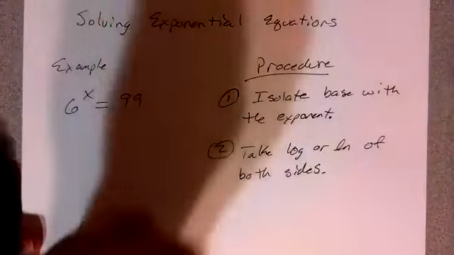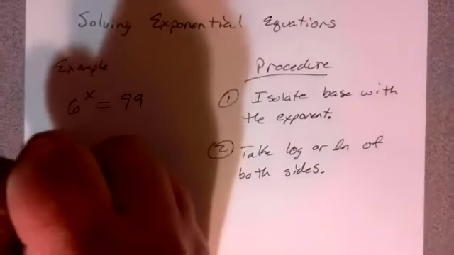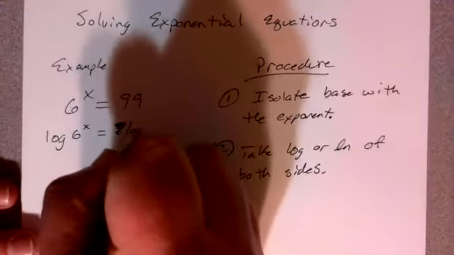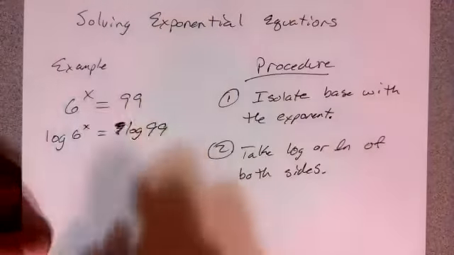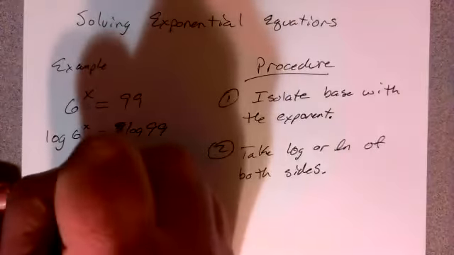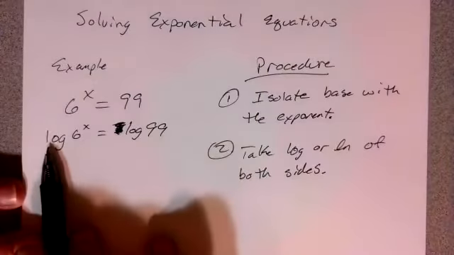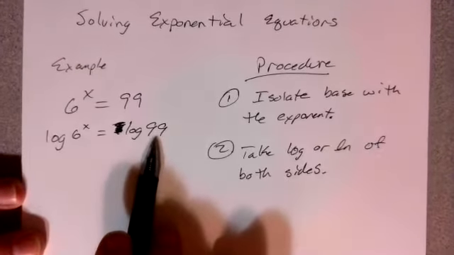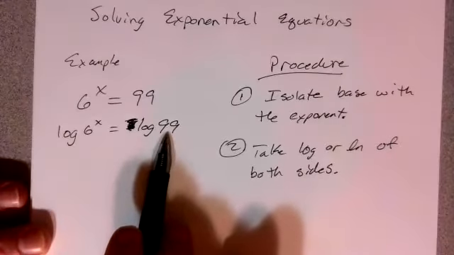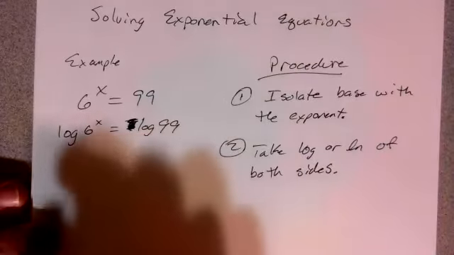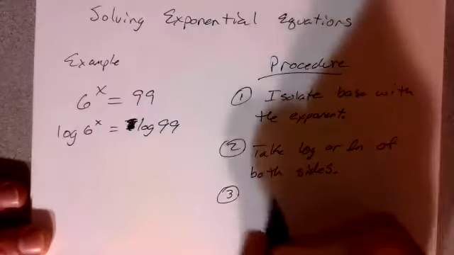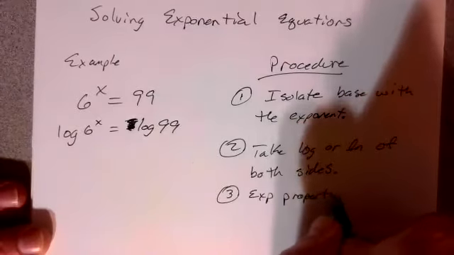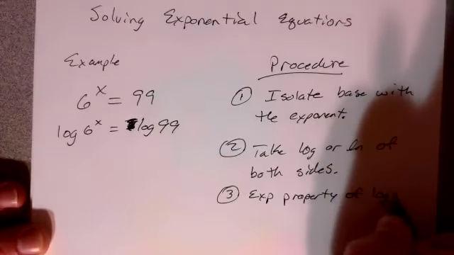So log base 10. I'm going to take log base 10 of both sides. Excuse me, I said log base 10 of 99. Excuse my typo, I apologize for that. Log base 10 of 6 to the x equals log base 10 of 99. Now step 3 is the exponent property of logs.